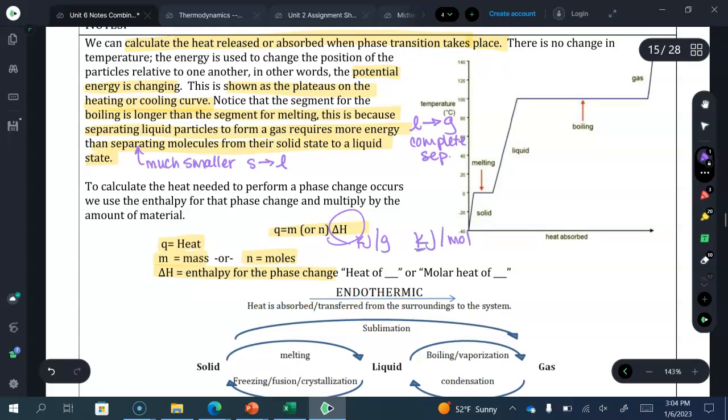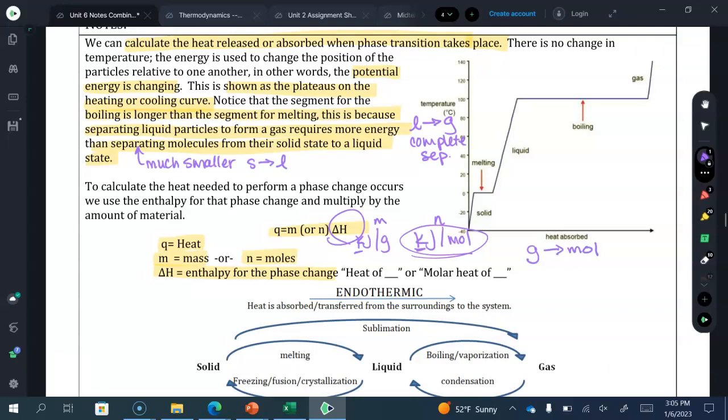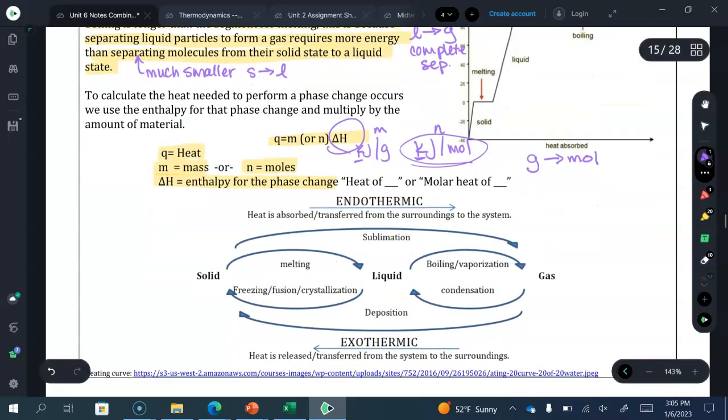And the kilo can be optional, but it's joules of some persuasion per gram or per mole, where this one you would use for m and this one you would use for n. If you are given grams, but are given kilojoules per mole, you will change grams to moles first and then perform your calculation. And vice versa. If you're given moles, but given the kilojoules per gram, change to the matching base unit before performing your calculation.